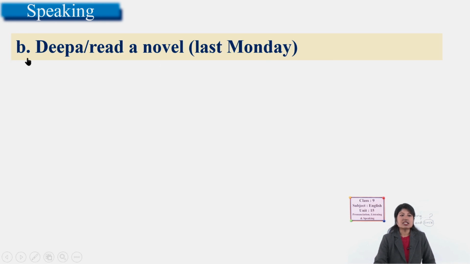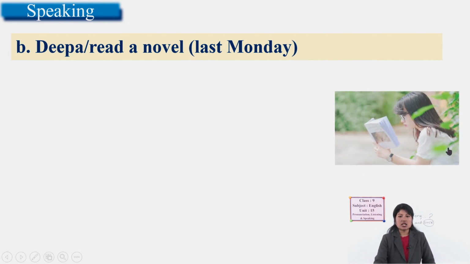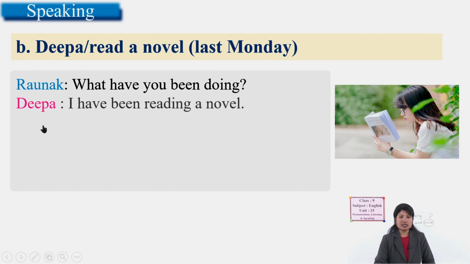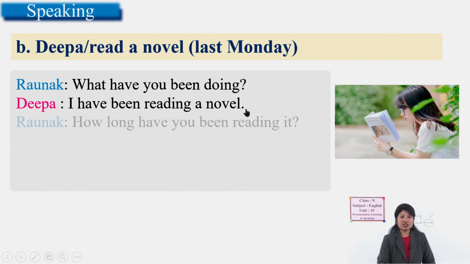Number B. Deepa read a novel last Monday. Now let's do this one. Raunak asks, what have you been doing? Deepa, I have been reading a novel. How long have you been reading it?